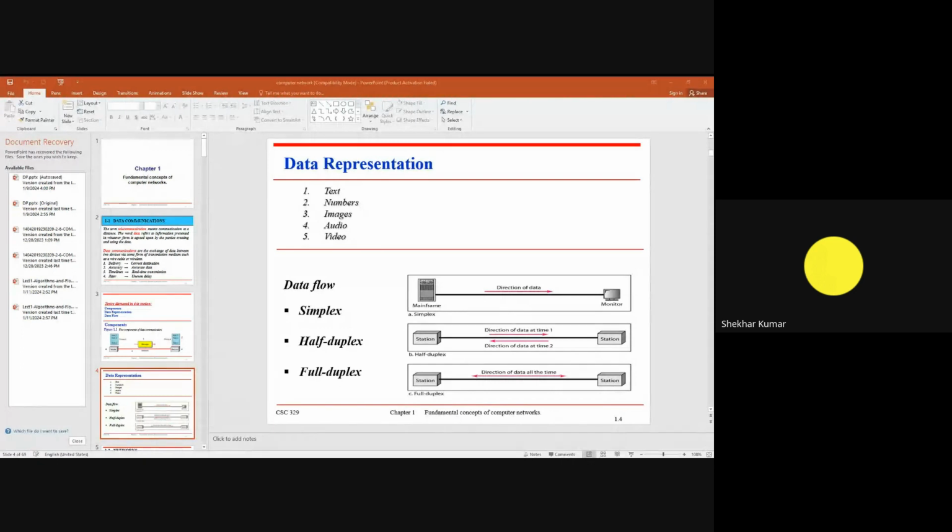This means both devices in the network can send and receive the data at the same time. For example, you can say a two-lane route with traffic. In that, the traffic is moving in both directions at the same time.